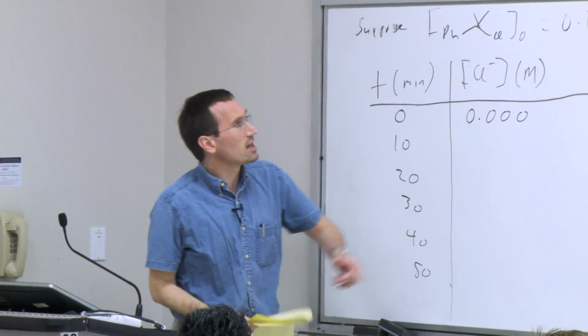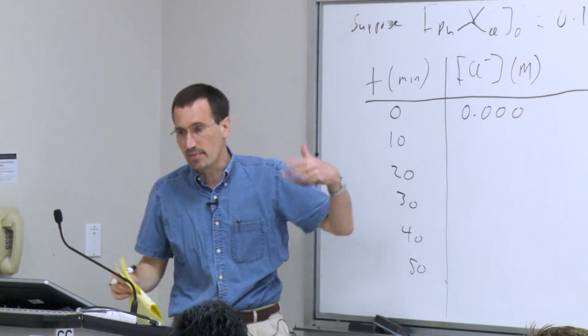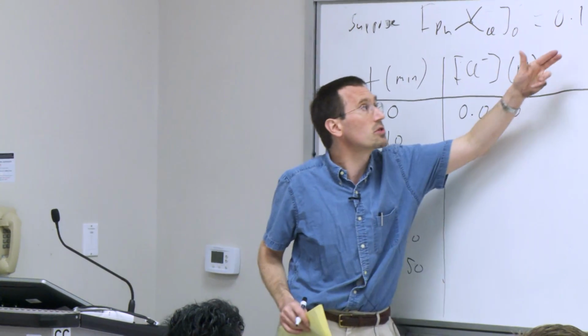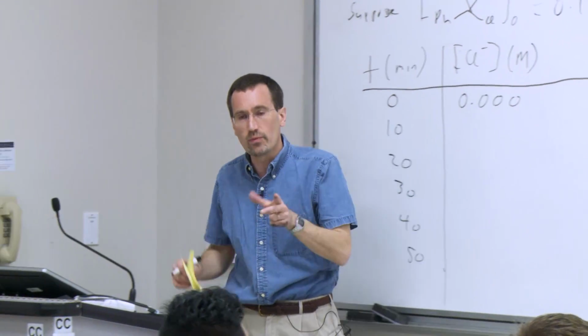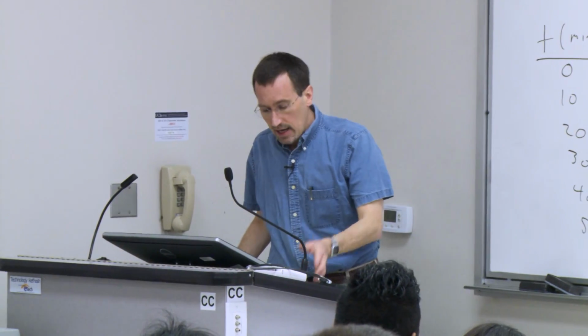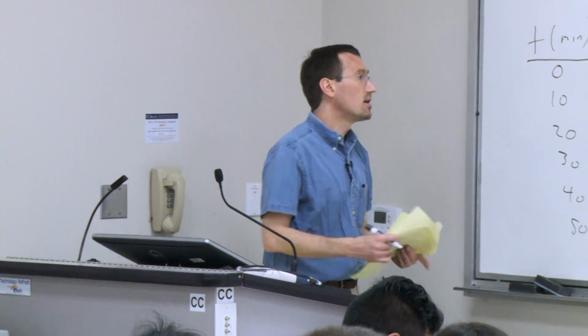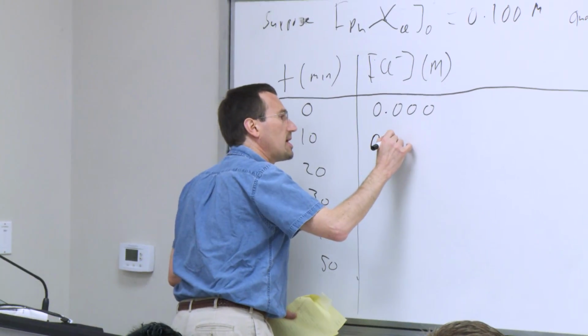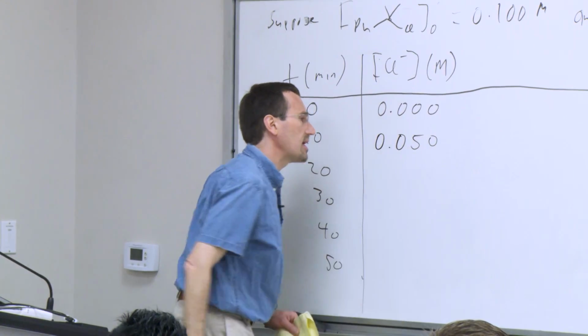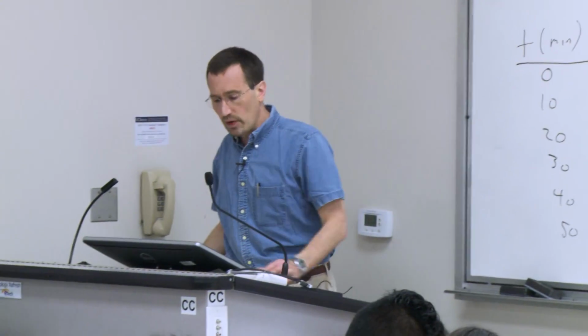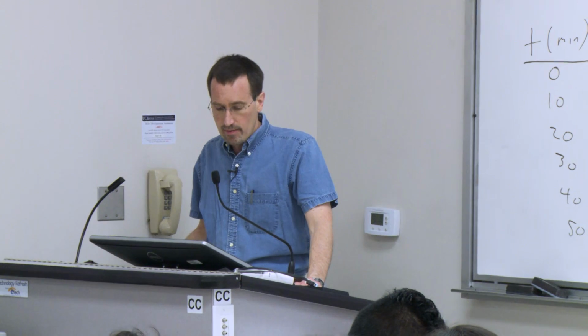We're doing this at, I keep saying millimolar because that's how I usually talk in the lab, but we're doing this at 0.1 molar. Let's say at 10 minutes, I want to keep our math simple here. Let's say at 10 minutes, we have 0.05 molar of chloride.